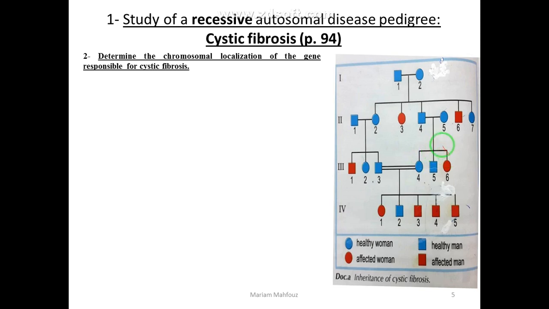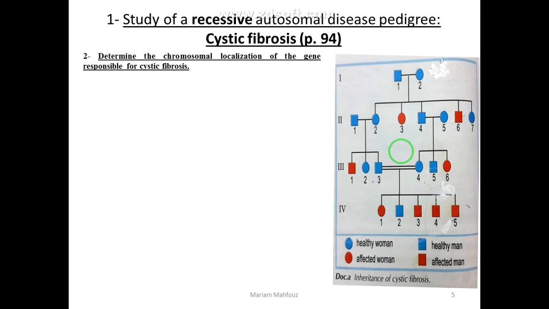If the gene is localized on the gonosomes, or sex-linked chromosomes, we have to mention three possible locations. The first one is only on Y, which means in the males only. The second is only on X, which can be in females and males.